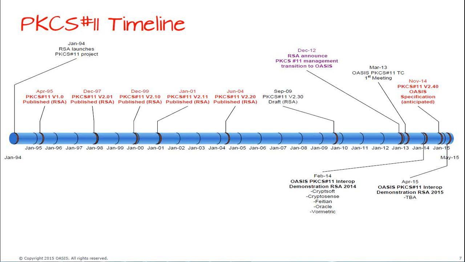We had our first gathering of the committee in March of 2013, including virtually all of the major players in cryptographic standards in the industry, and have continued that work over the past year and a half, resulting in November last year in the passage of the committee spec that has been out for public review by OASIS membership now for about 2 months, and which is now ready for consideration as an OASIS standard, a set of OASIS standards.